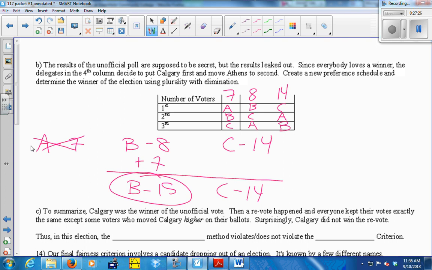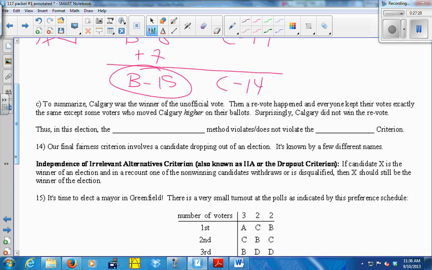So to summarize, Calgary was the winner of the unofficial vote. Then a revote happened, and everyone kept their votes exactly the same except some voters who moved Calgary higher. And surprisingly, Calgary doesn't win anymore, right? Calgary was the winner. The only changes were positive changes for Calgary, and now they lose. This is a violation of the monotonicity criterion.